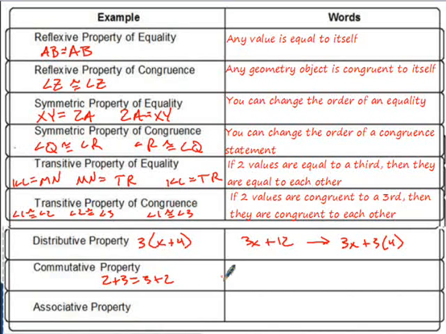Because they both equal 5, so we can change the order. And the associative property is when we do stuff like this, 2 plus 3 plus 4. And if we add 2 plus 3 first, that's the same as 2 plus 3 plus 4, okay? So change the grouping.